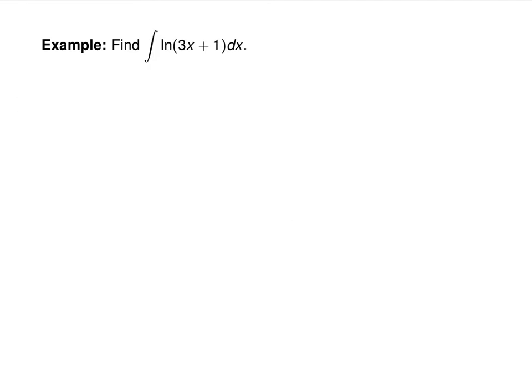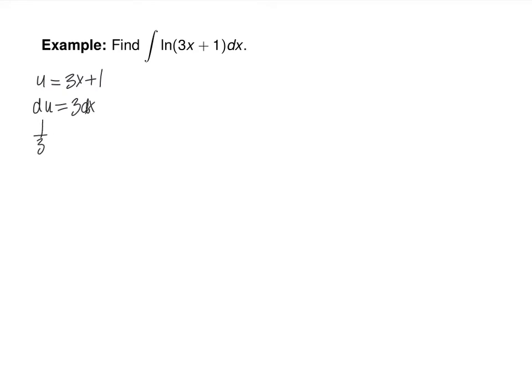Now let's use our brand new fancy formula to find the antiderivative of ln of 3x plus 1. I think it's best here to do a substitution. So think back to calculus 1, which I know was a while ago, but anyhow, substitute for the 3x plus 1. U is 3x plus 1. Du is 3 dx.